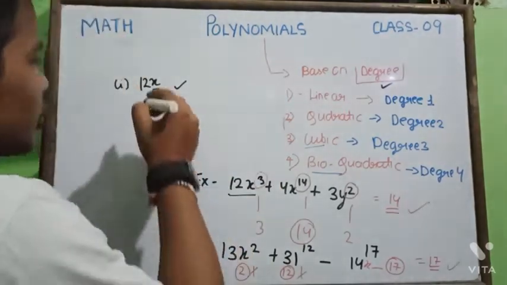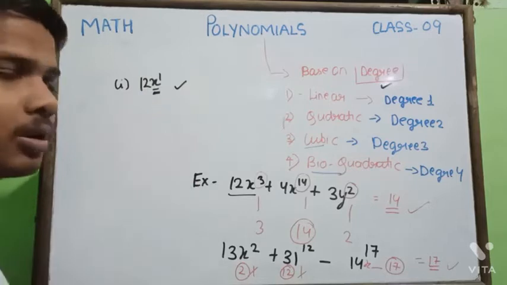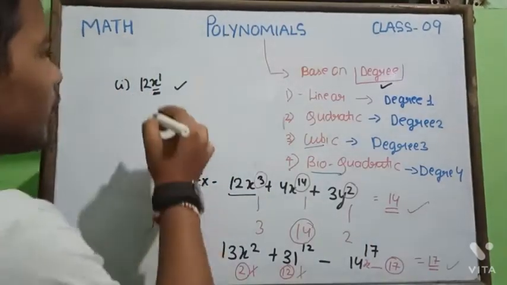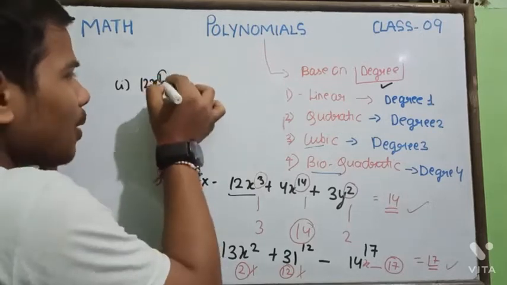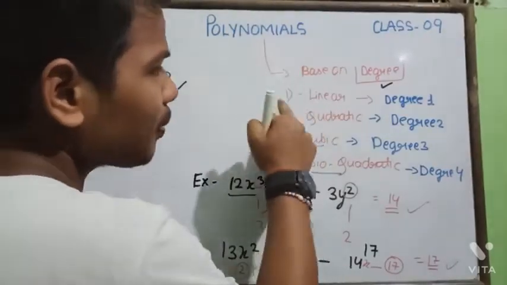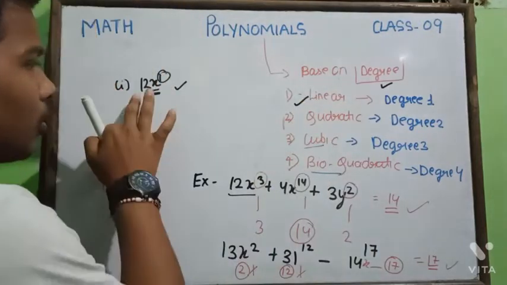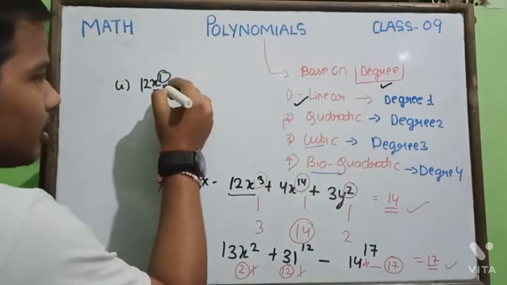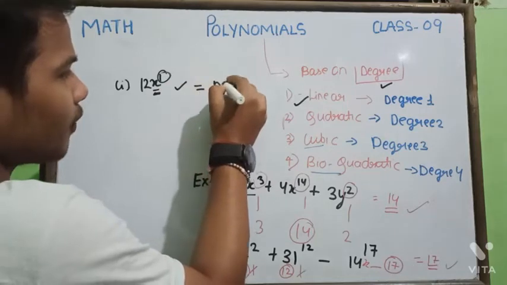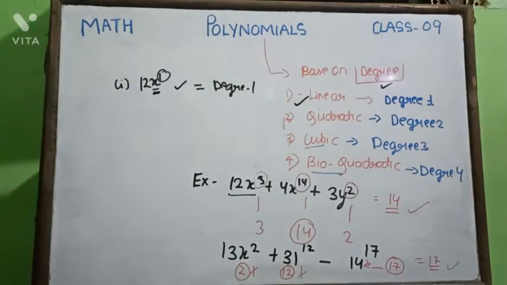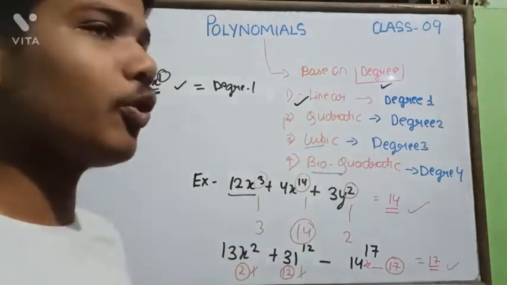So we can assume its power as 1, and it is a whole number. So it is a polynomial, and having power or degree 1 is called a linear polynomial. It is the example of degree 1.